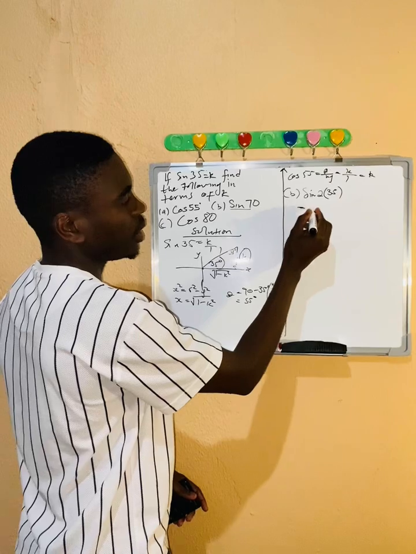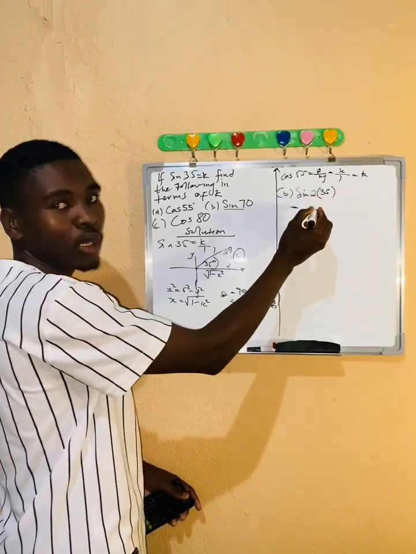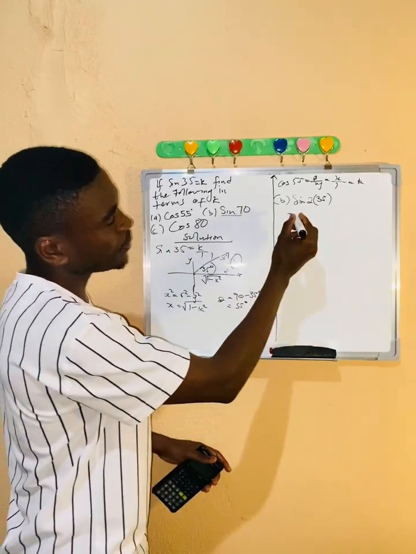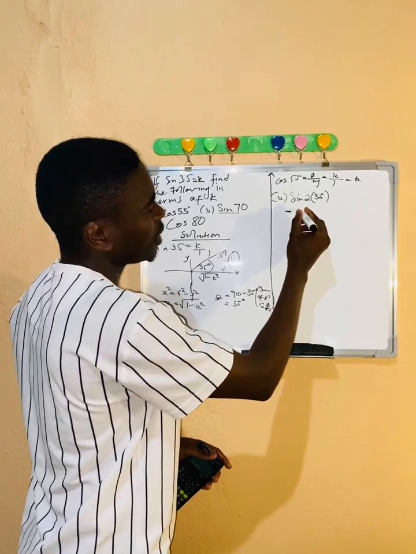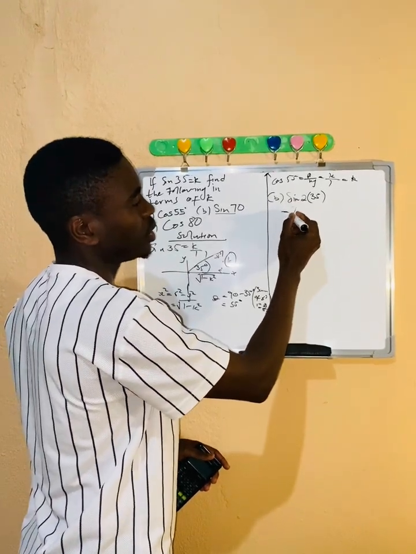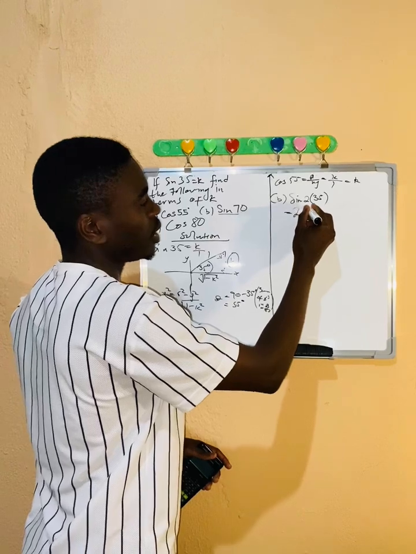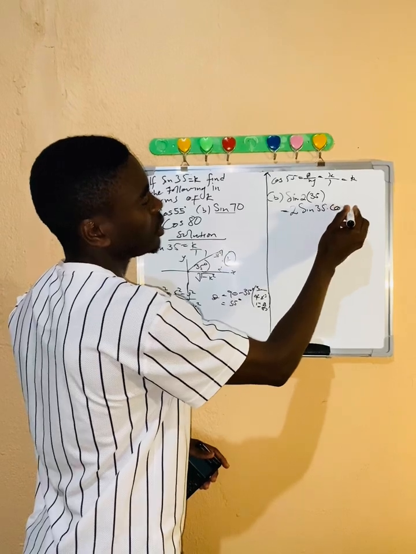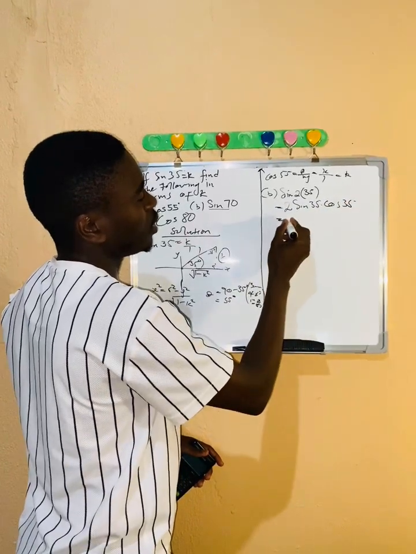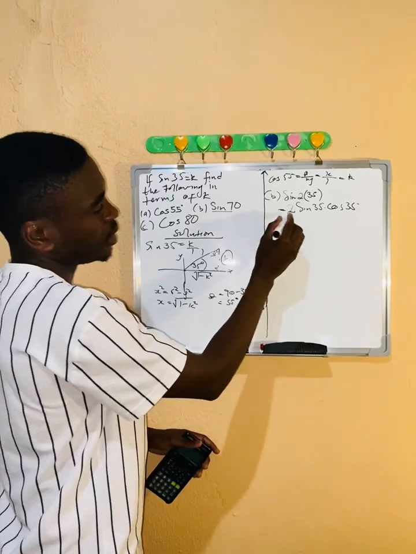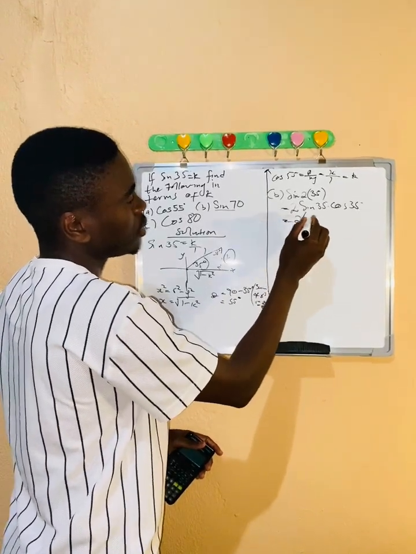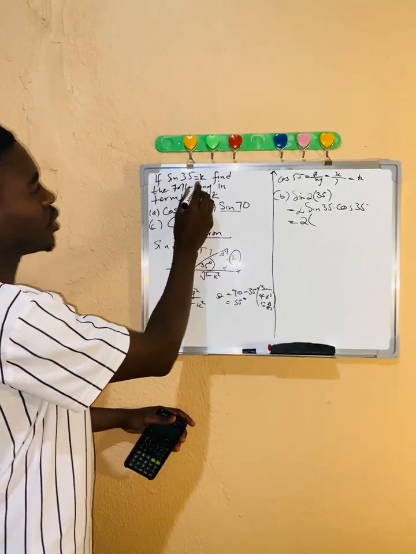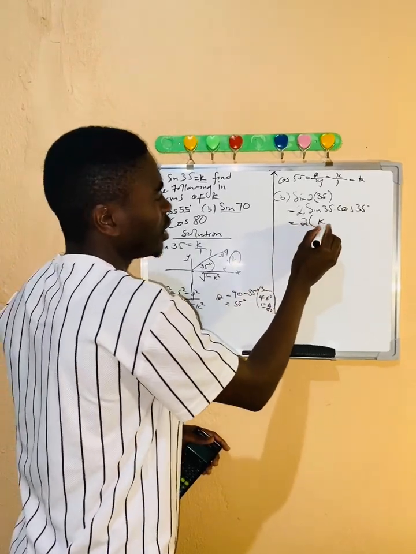And we know that these two here make this sine a double angle. The double angle of sine says 2 sin 35 cos 35. So we have 2 into sin 35. Now we are given sin 35 is equal to k, which means we have k.